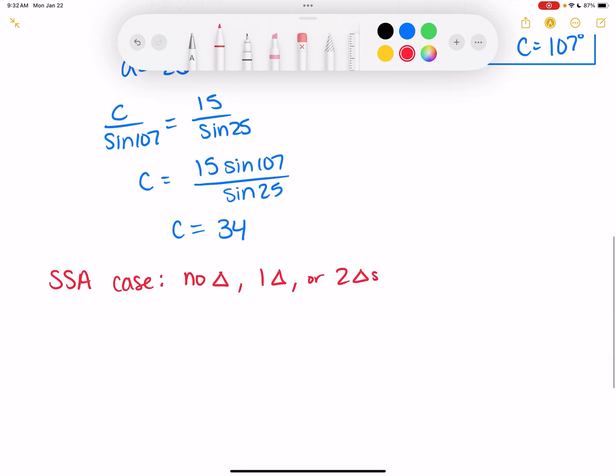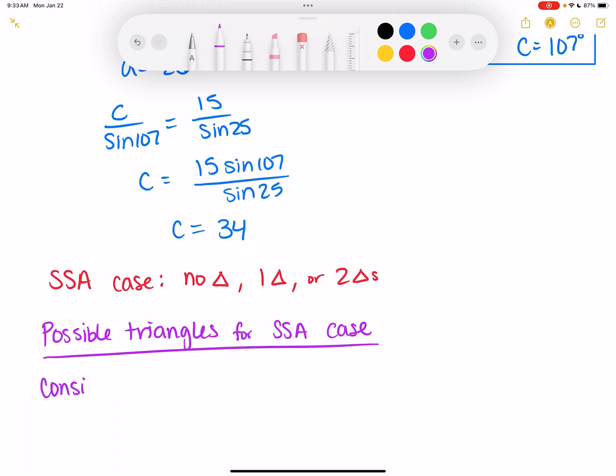Possible triangles for the side-side-angle case.